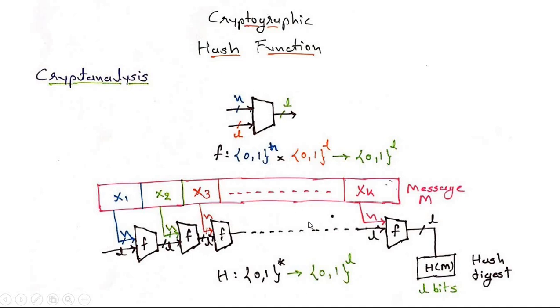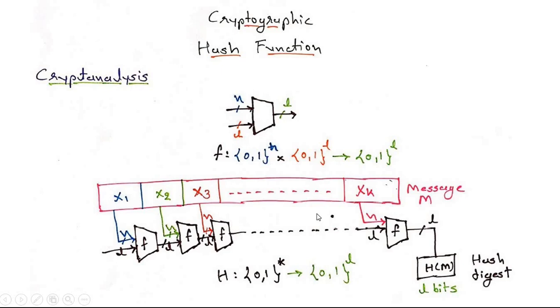So same thing, suppose there are k slots, so we can do this procedure with the cryptographic function k times. Finally we will get L bits of data by applying a cryptographic hash function on the message, known as h of m, and again it is known as a hash digest or a message digest.